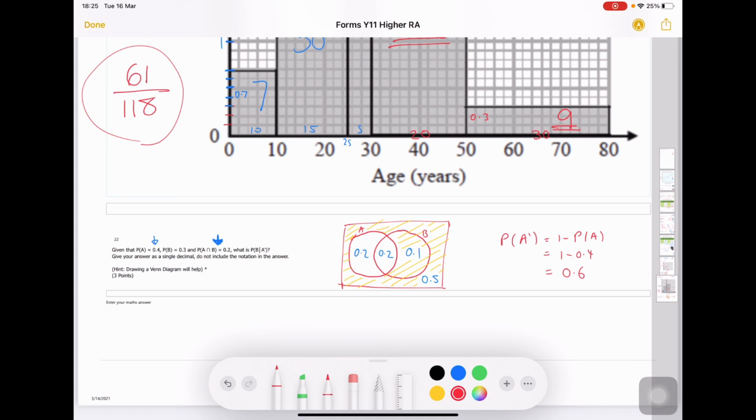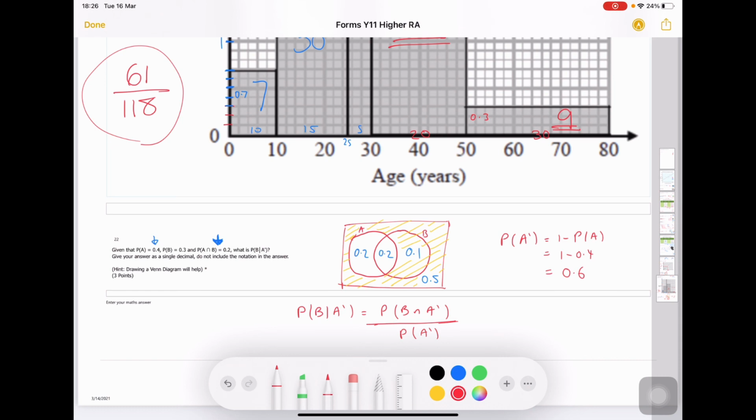Okay, so we've done part of this question. What is the probability of B? So the probability of B, given that not A, is the probability of B and not A divided by the probability of not being A. So, what is the probability that it's B and it's not A?